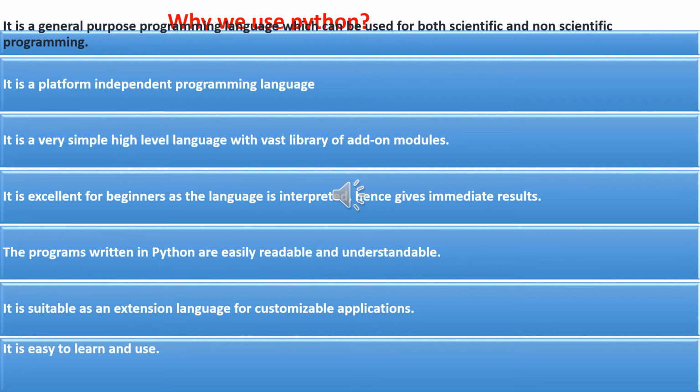The compiler converts the whole program at one time, but the interpreter converts the program line by line. It gives the result of one line and then executes the next line.